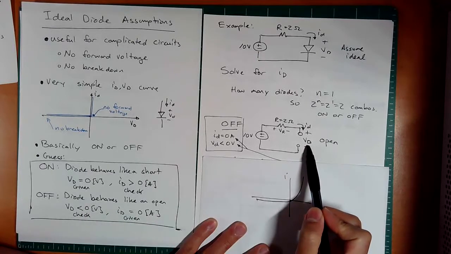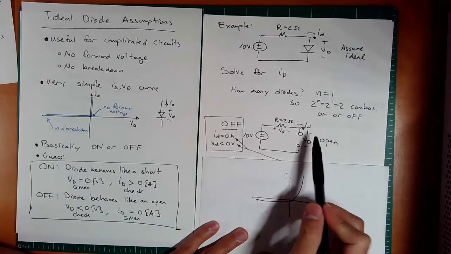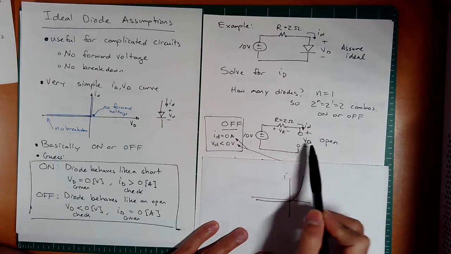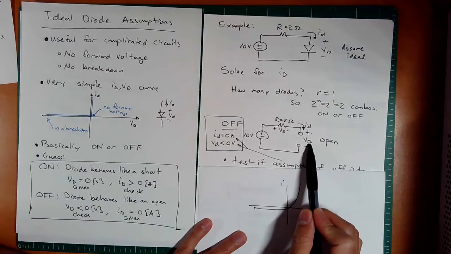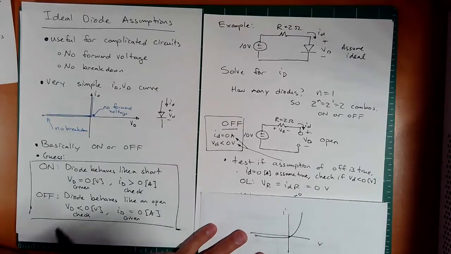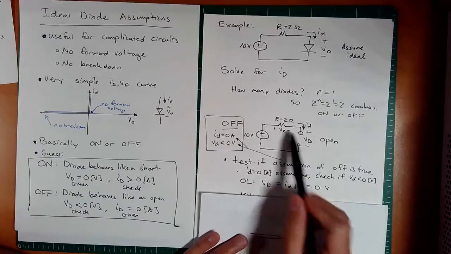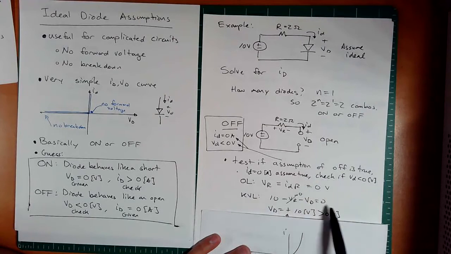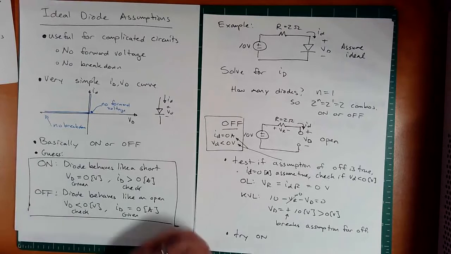If this voltage comes out positive, we made the wrong guess. So let's look at this. In this case, if I is 0, this VR by Ohm's law is going to be 0. And you can see by KVL, 10 volts is going to be equal to this voltage of the diode. That's going to relate to an incorrect assumption of off, right? By Ohm's law, VR is 0, and by KVL, 10 minus VR minus VD equals 0, or VD equals 10 volts. That's positive, which means our assumption is wrong. So we will try on.